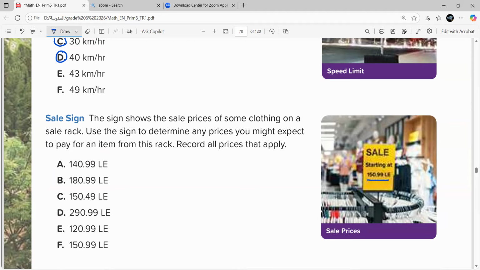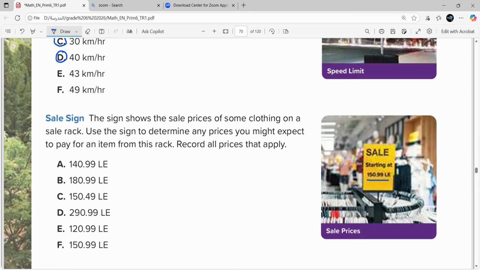The price starts from this price, 150.99 pounds. The sign shows the sale prices of some clothing on a sale rack. Use the sign to determine any prices you might expect to pay for an item from this rack. Record all prices that apply.